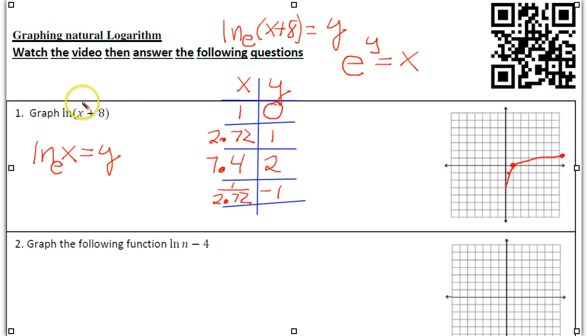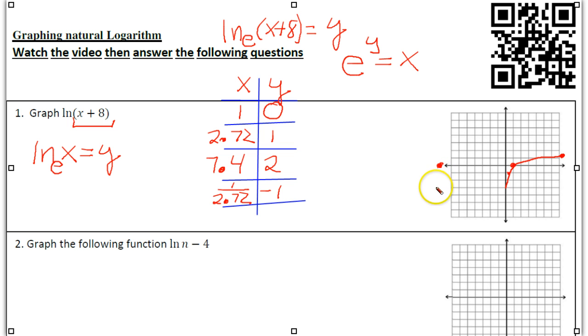But now we want to know what happens when in parentheses we're going to add 8, which when we do our calculation, it's actually going to shift this over 8 units from 0 to the left, so it's out here. And then we go here, that's our new, this was 0, we go over 8.